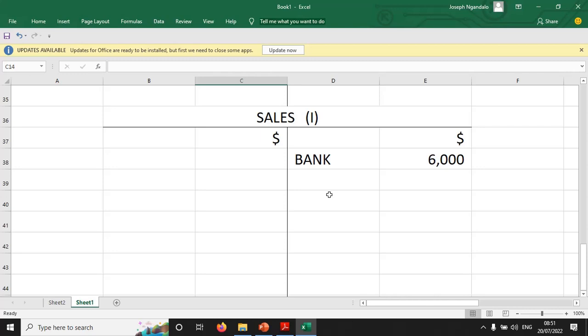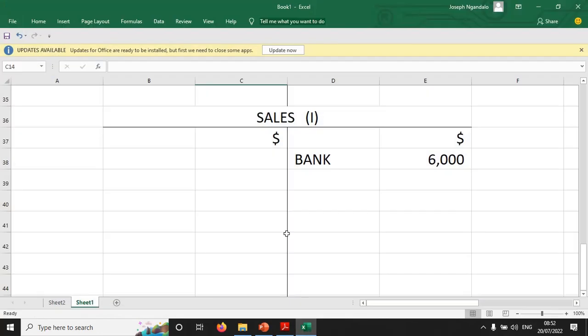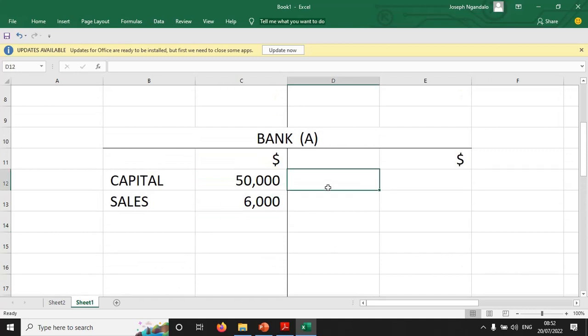Can we proceed? The next one says he issues a check for the goods received on credit. Now, how much did it cost him to get those goods? 5,000, right? Do you understand that? So what happens? We are going to have to reduce payables, right?